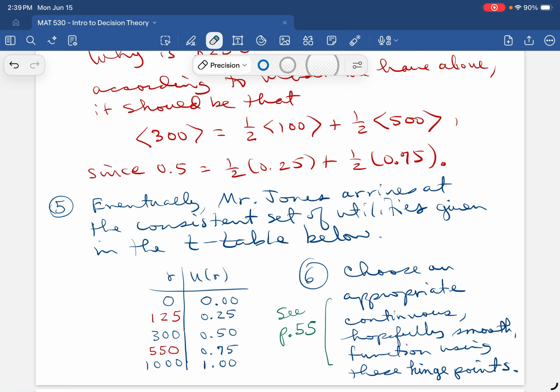Now that we have a sufficient number of what I call hinge points on the interval from 0 to 1,000, we've essentially got our utility function on that interval because we can connect the dots. Usually, if you have enough hinge points, you can just connect them with line segments. But, of course, there are smoother options you could take there. So at this point, you would just connect the dots somehow.